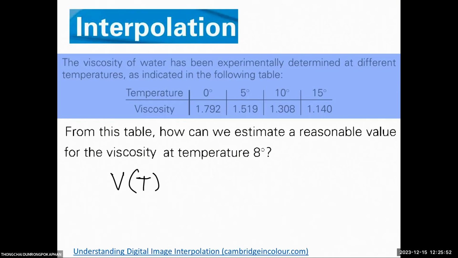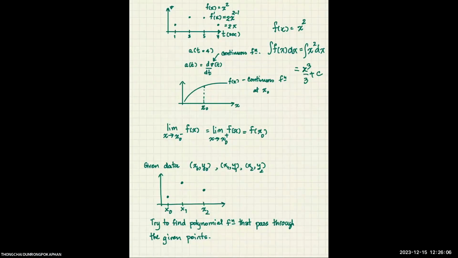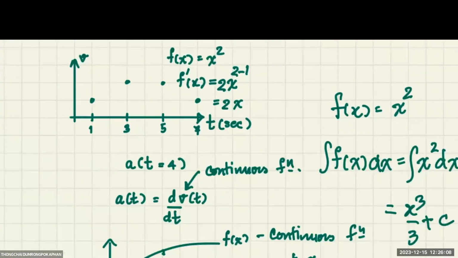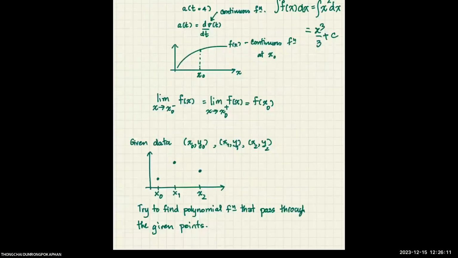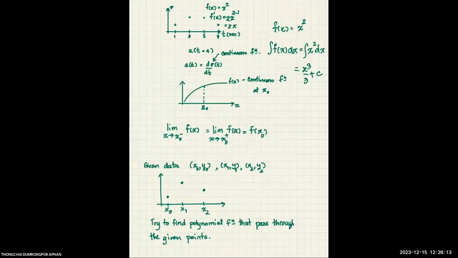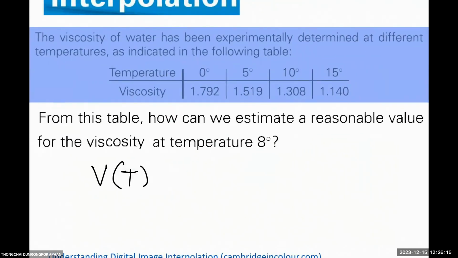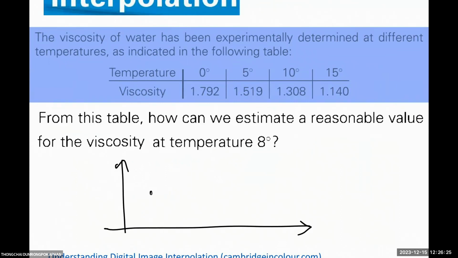This is something we are interested in: finding the viscosity between 5 and 10. So we use interpolation. You have to plot the graph and see how it's related. This is an example where we can plot the graph and see how it works. Suppose 5.